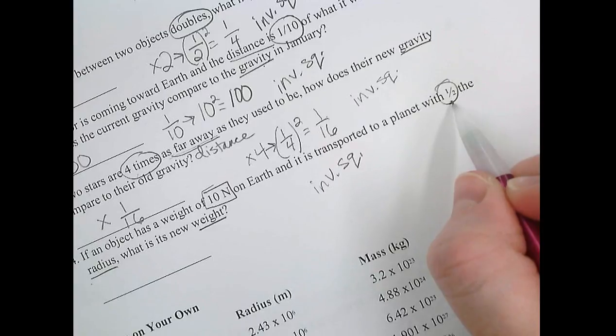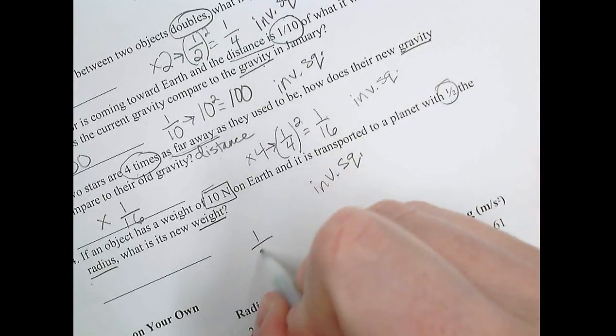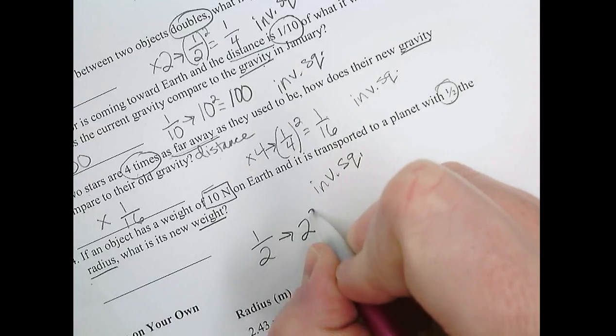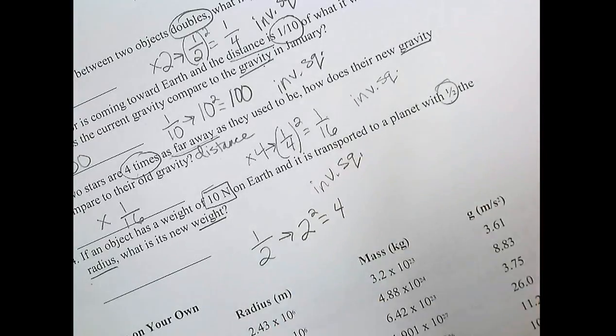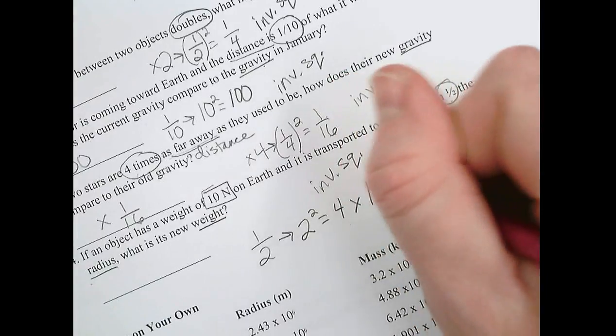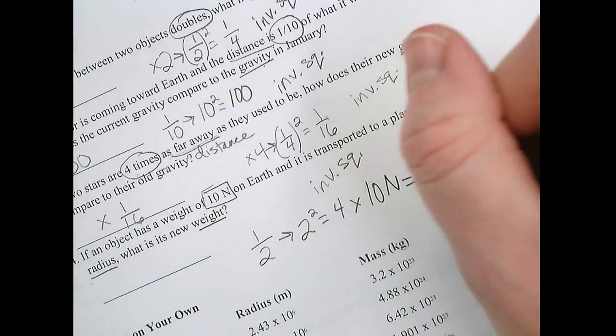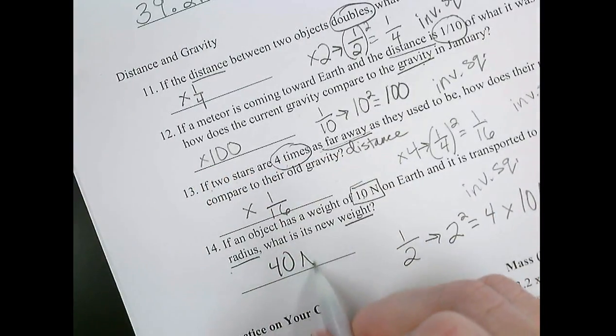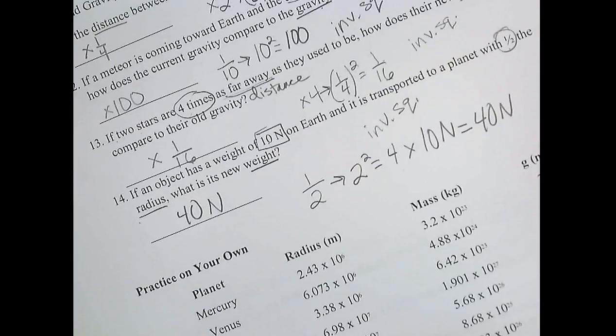The radius has been cut in half. We take the inverse and square it, which equals 4. But we're not done. We have to take the original amount and multiply it by the amount of change. 4 times 10 newtons equals 40 newtons. So the new weight is 40 newtons.